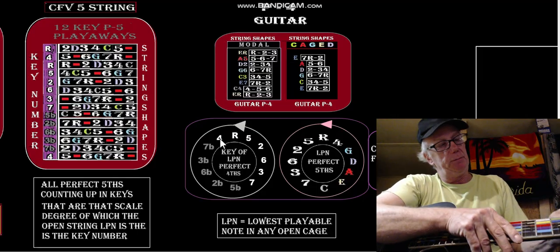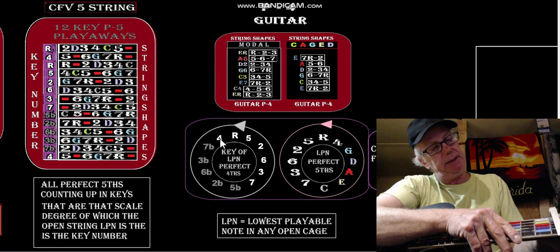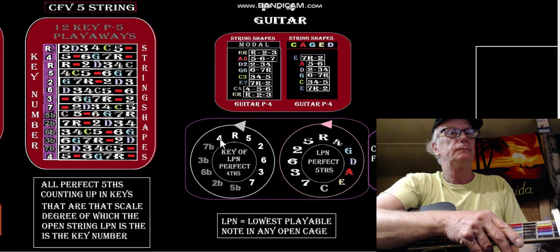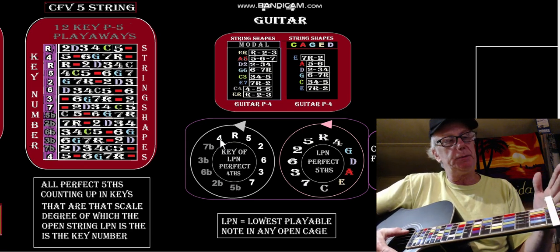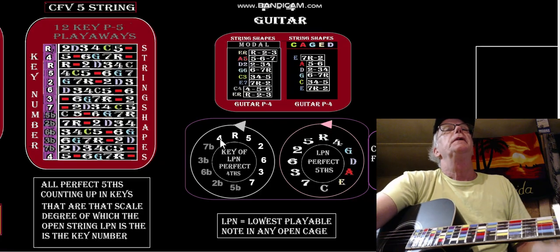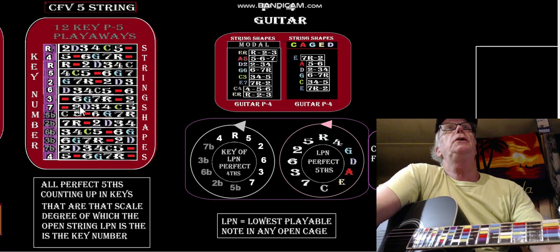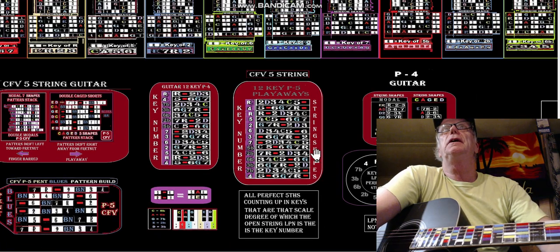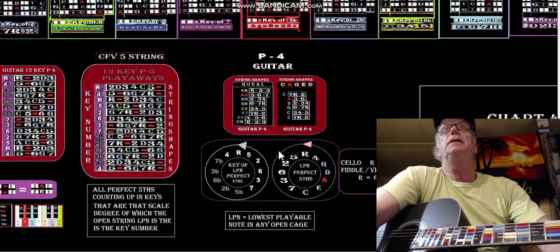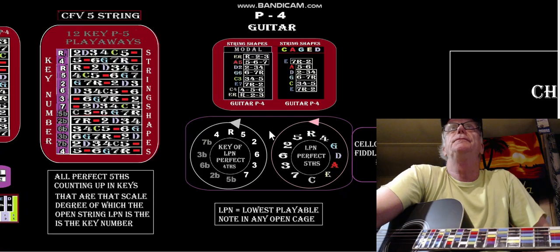Put the capo on the E maybe, right? So you can think a little easier. People like to think in E. So the lowest playable note, let's look at something. Let's not lose our little gauges here.